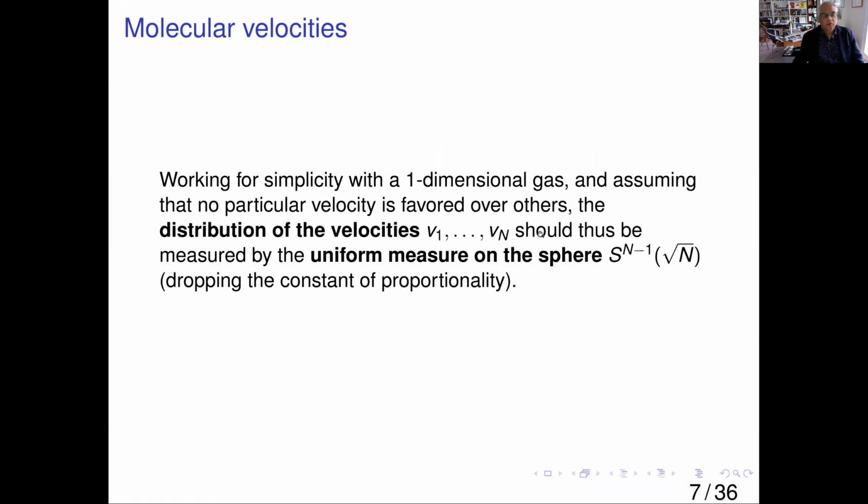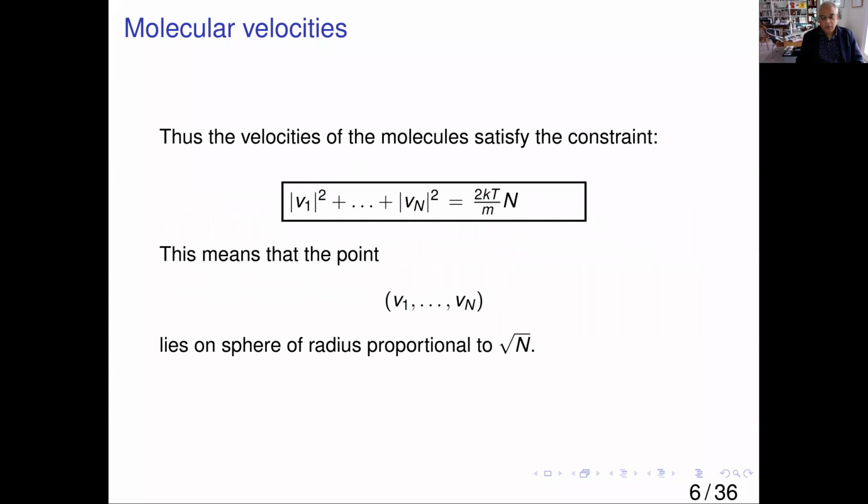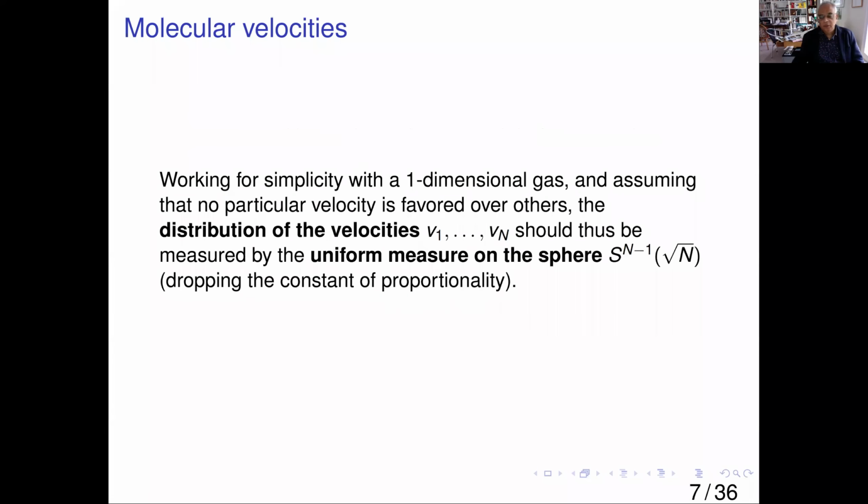Now, for notational convenience, let's just think of a one-dimensional gas, so each of the velocities is just a real number. Then the point that we are looking at would be a point in S^(n-1) of radius square root of n. Again, I dropped the other constant. And if you think that there is no direction that is favored, it's not like there's wind blowing in one direction or gravitation or some other force, then there's no reason why the velocities should be bunched together in any one direction over any other direction.